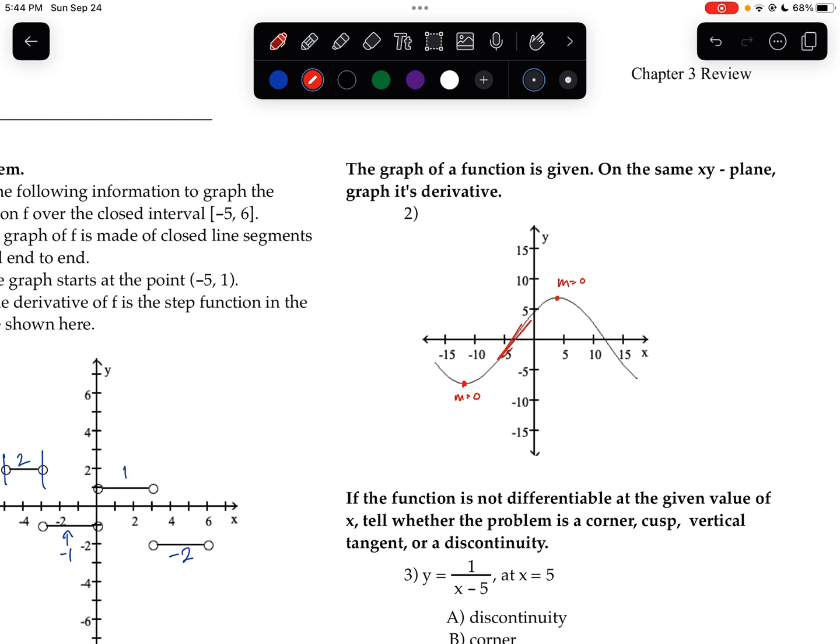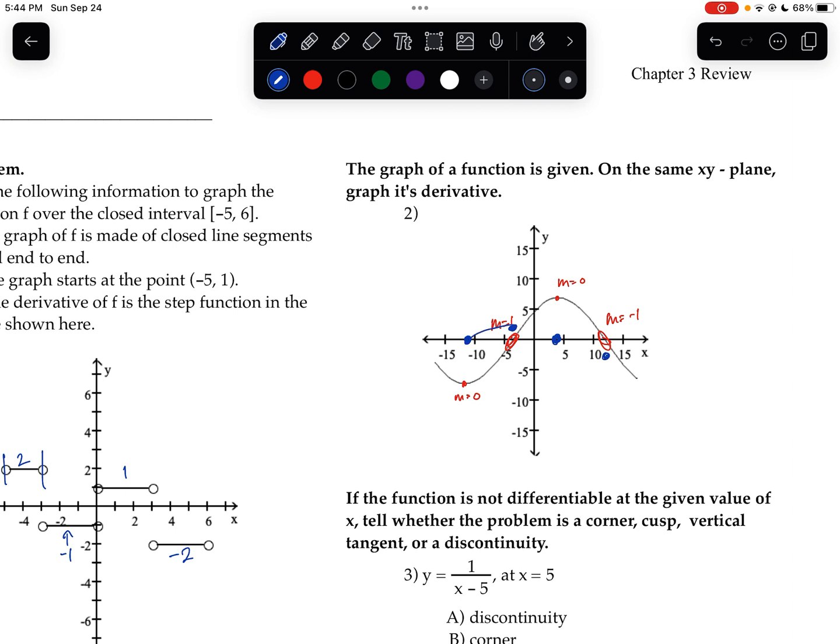So I would say somewhere in here the slope is equal to 1, and then somewhere in here the slope is equal to -1. So if I were to graph that, that would mean that the output of the derivative would be 0 here. It would be about 1 somewhere in here. It would be 0 here and negative 1 somewhere around here.